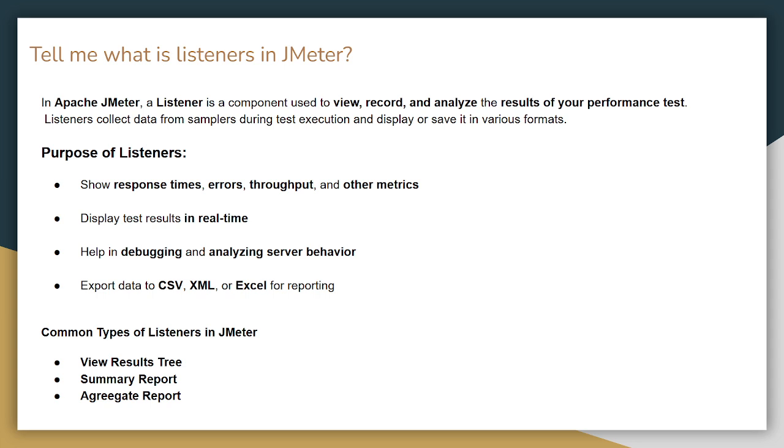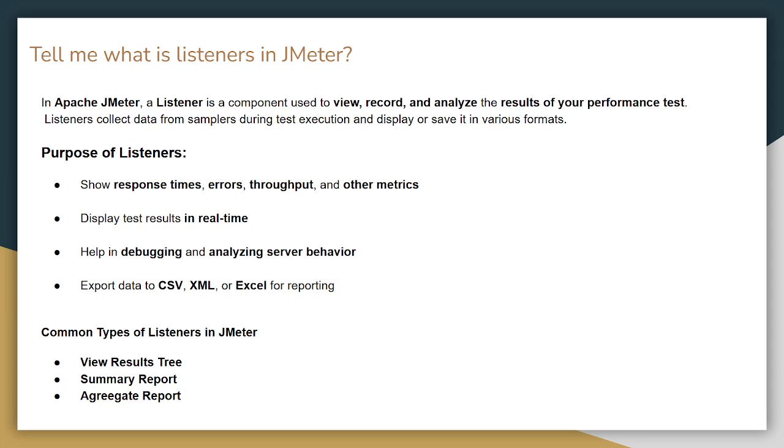Some of the common types of listeners are View Results Tree, which shows the request and response details for debugging, and Summary Report. The reports will be in tabular format, with minimum, maximum, and throughput results. Aggregate Report is similar to the summary and includes the 90% line and median.